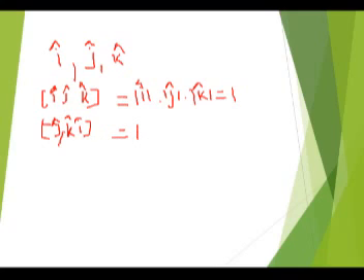And if you take the other cyclic order, again we will get 1. So both the triples are equal. This is equal to this, and this is equal to this. It should be remembered.